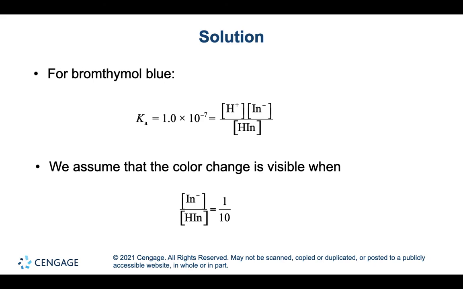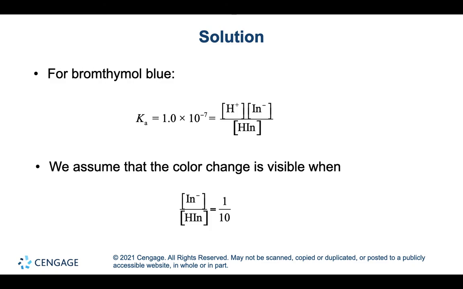So let's just assume that we start to see the yellow change to a greenish color and begin to get a little bit of a bluish hue when the base form of the indicator, the conjugate base In minus, is 1/10 of the HIn value. When we get a 1 to 10 ratio of indicator.